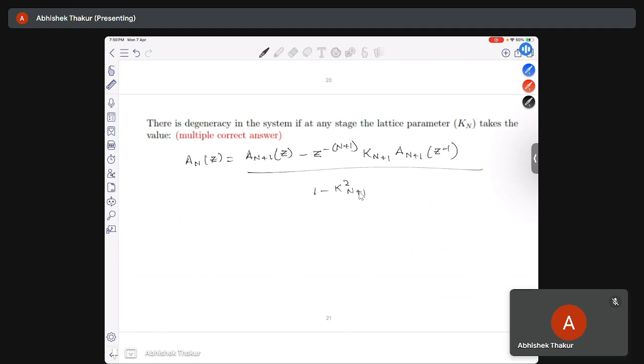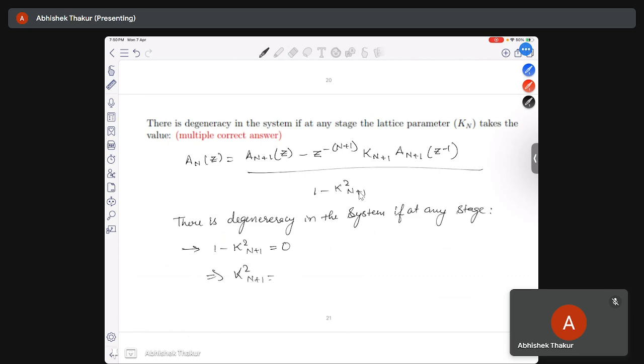So if there is a degeneracy in the system, if at any stage, it implies that K squared_{n+1} will be 1.